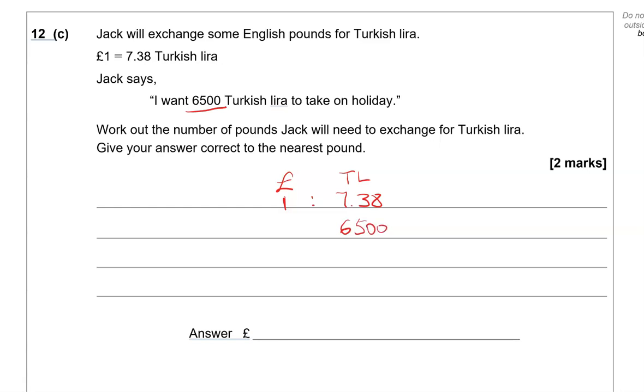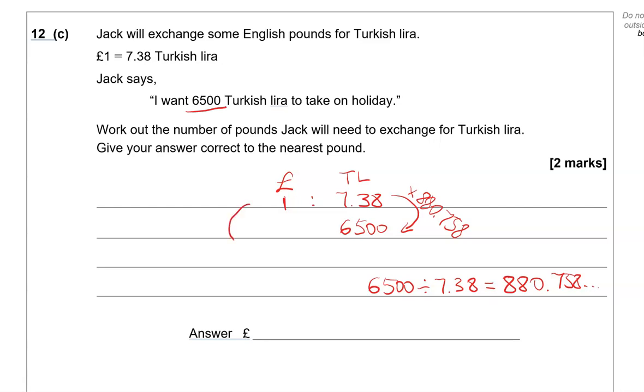To get from 7.38 to 6,500, what do we multiply by? So to work that out, we do 6,500 divided by 7.38, which gives us 880.758 and so on. So we've multiplied 7.38 by 880.758 to get 6,500.